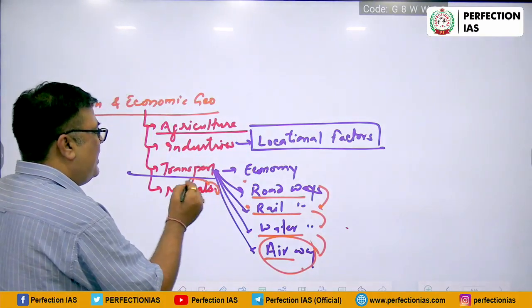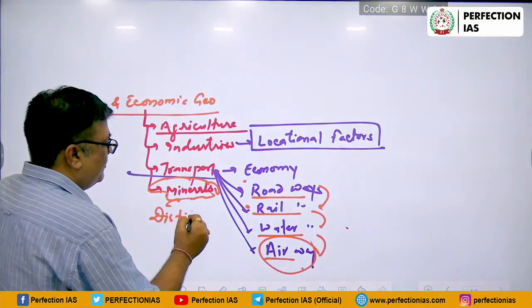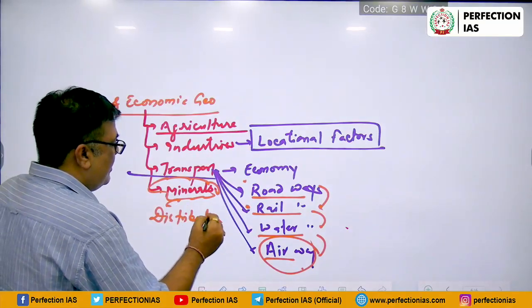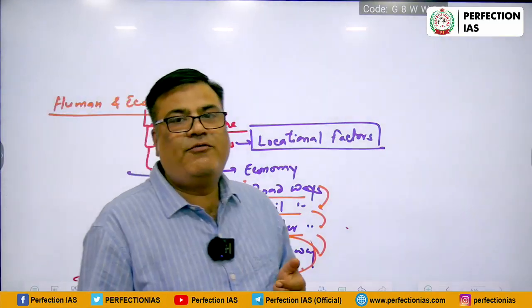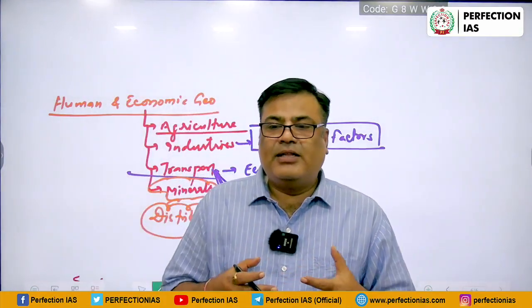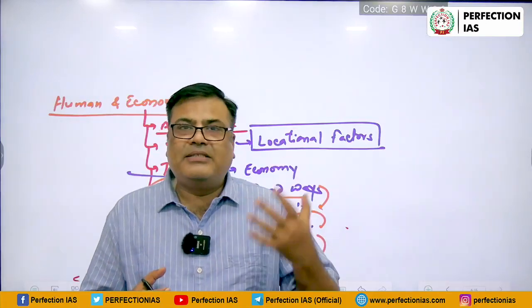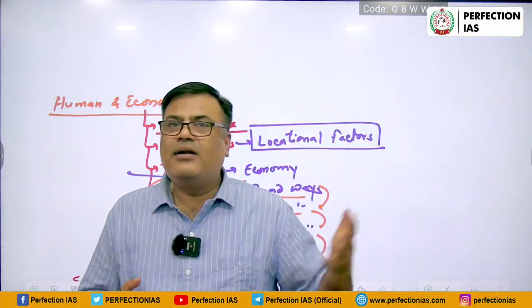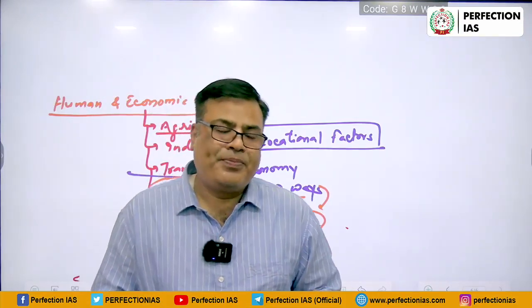The mineral base is mainly the easier part; here it is mainly the distribution. This needs a little mugging up. However, with the help of physical geography we can easily answer those questions also, like which are the coal mines. Match the list in the prelims comes: which are the coal mines, iron ore mines, copper mines, and on the other side which state is there, you have to match and your job is done.